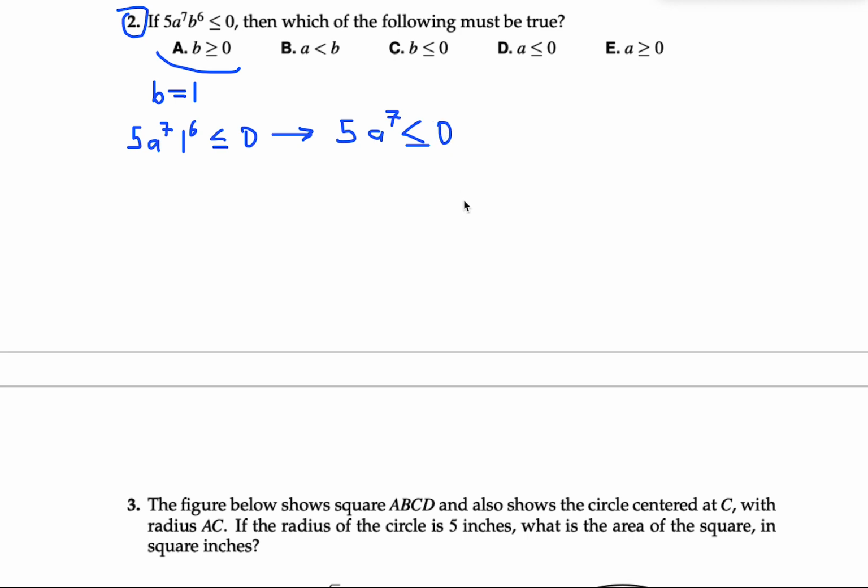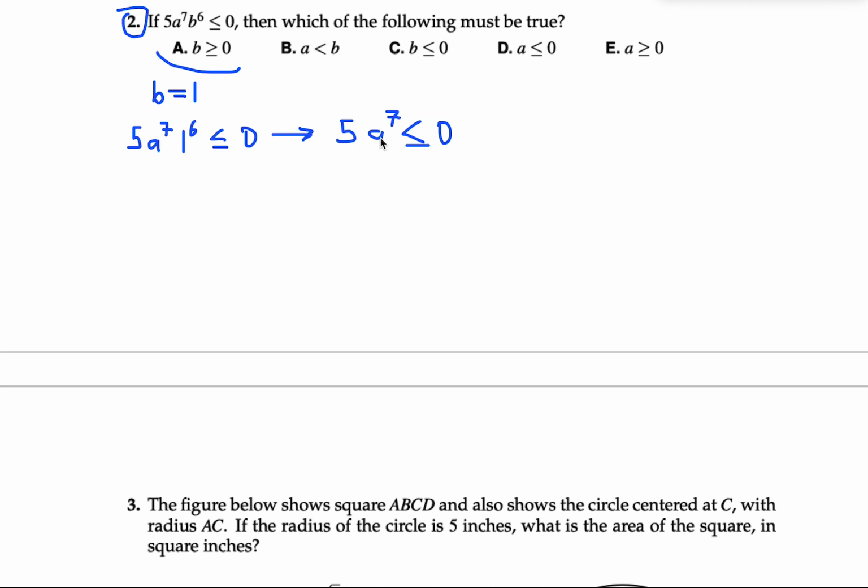Now, is this true or is this false? Well, we can't really say, right? Because for us to be able to say that this is true, we would have to know the value of a. But we don't know the value of a. For all we care, a could be 1.